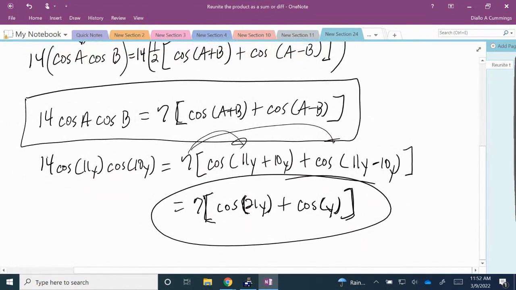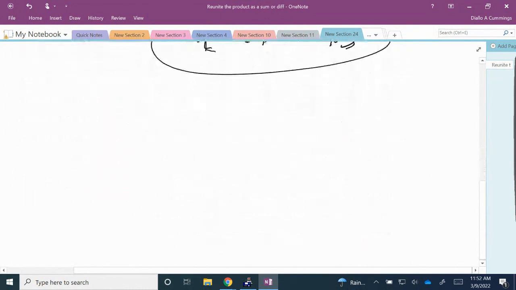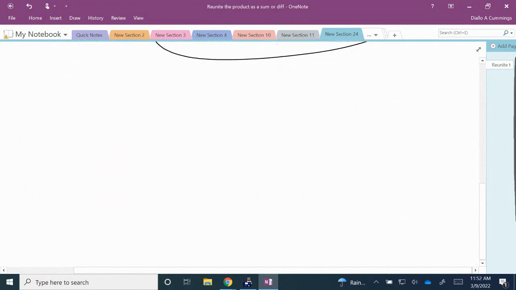All right, so the next thing we're going to look at is sum to difference. In this example, which is similar to number 7, I'm going to write this out as 3.4.7, and we're asked to rewrite the sum or difference.